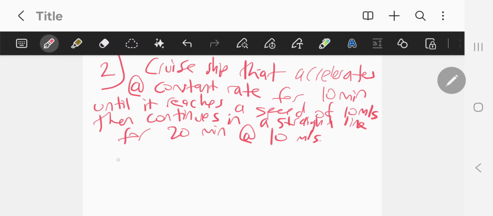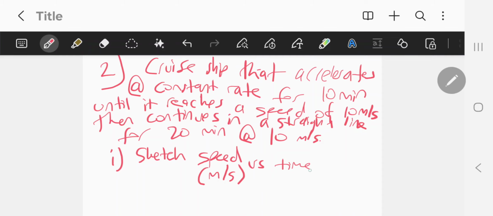Part A, part 1 for question 2: sketch a speed versus time graph, with speed in meters per second and time in seconds, for the 30 minutes that the ship is moving.